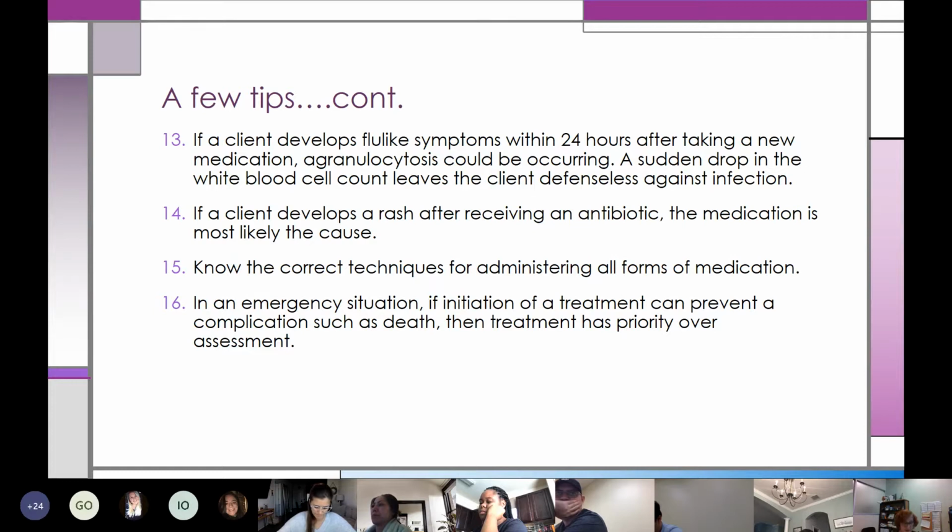Now, the last piece here is that if there is an emergency situation, we follow all of these, the nursing assessment, the nursing process, right? However, if it's an emergency, the treatment is usually going to be the priority over a full assessment or collecting of data. So if a patient comes in and they can't breathe, we haven't listened to the lungs or heart yet.